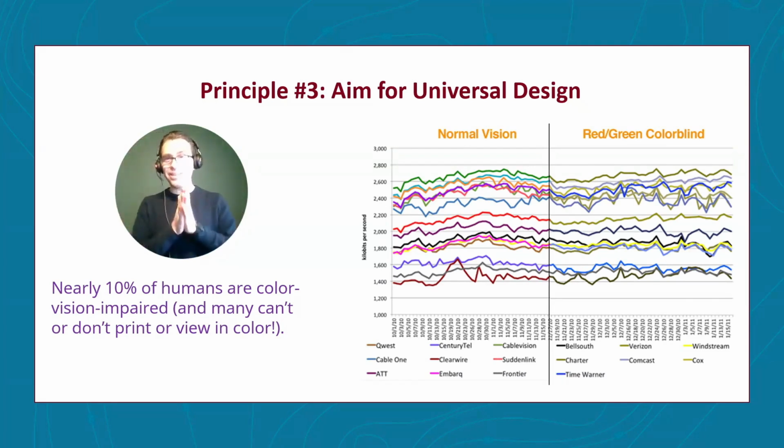Beyond this, color printing and even rich color viewing on a viewing screen is still a privilege in many parts of the world. So we must consider that our work may not always be consumed in color, even if we use color in our graphs. So we have to ask ourselves then, can our graphs still be consumed usefully in those cases?